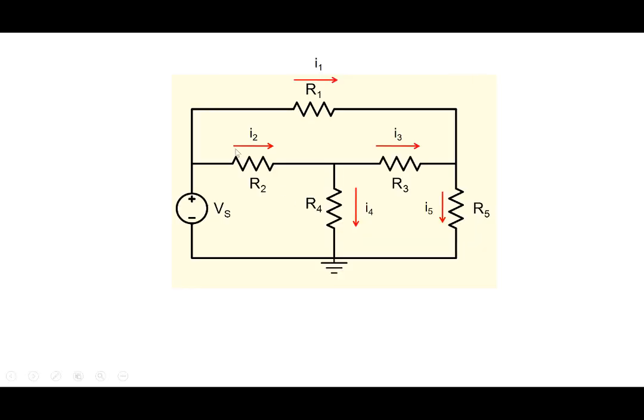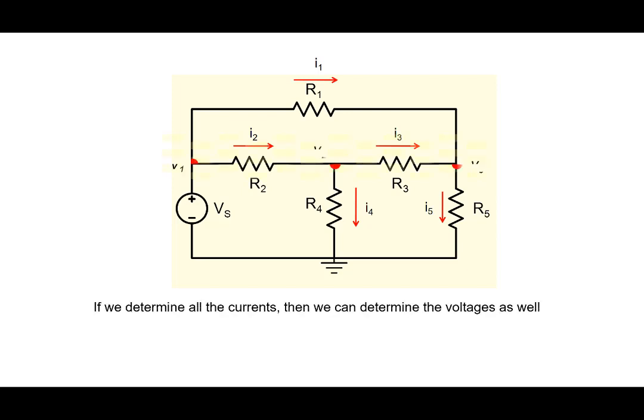Similarly, for example, if by some method I determine all these currents, I1, I2, I3, I4, I5, then we are saying you can determine everything else in the circuit. For example, you may be interested in knowing the voltage here, what is the voltage V1 at this particular point.